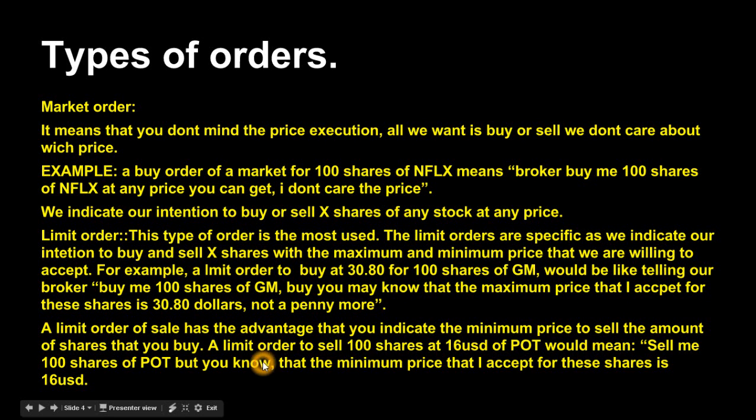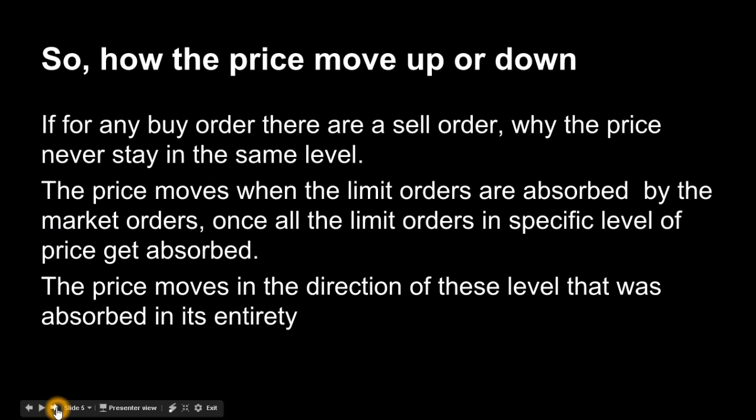So a limit order to sell 100 shares of potash at $16 would mean sell me 100 shares of potash, but you know that the minimum price that I accept for these shares is $16. So I think we are clear on this, and it's really important in tape reading to understand these two types of orders. So let's go to the next slide.